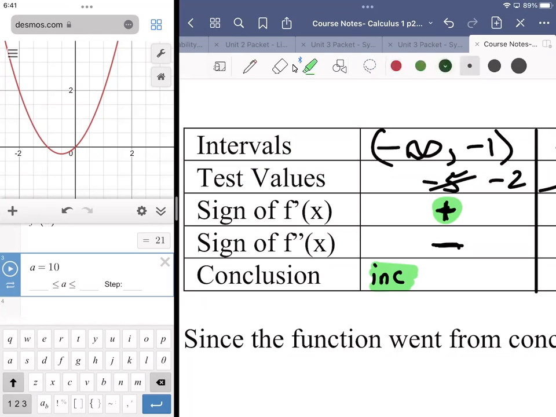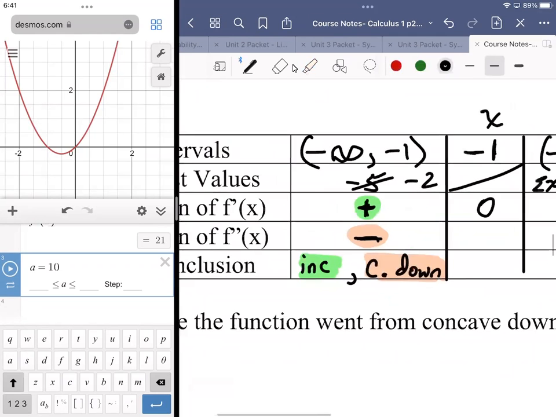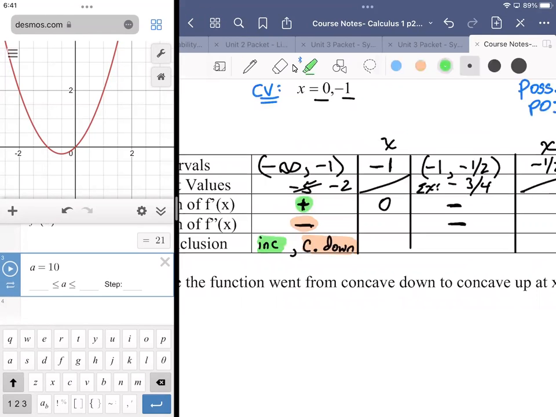If the second derivative is negative, that means it's concave down. So in that second interval, we have two negative numbers. So for the first derivative, the negative number means that it's decreasing. For the second derivative, the negative number means that it's concave down still.